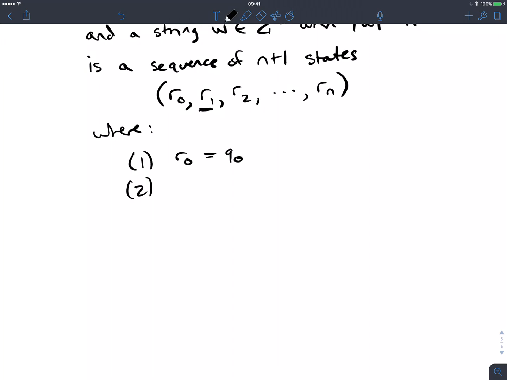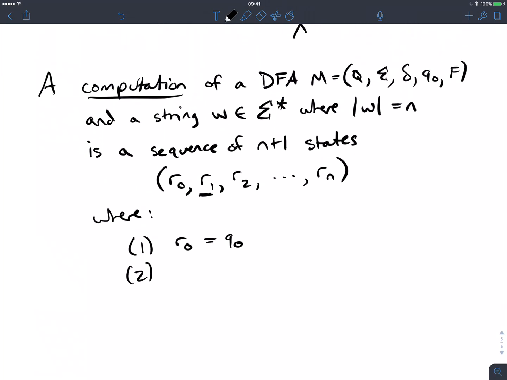But what thing am I actually reading? Which character of W? And so now I've got to actually give some names to the characters of W. So I've got to say W is W1, W2, up to Wn. And each Wi is in sigma. So each of these Wi's is exactly one character.